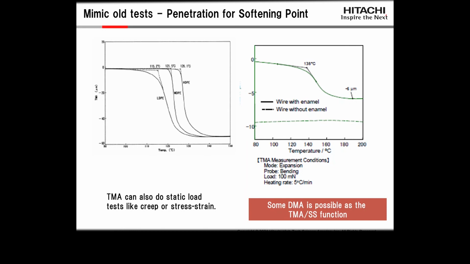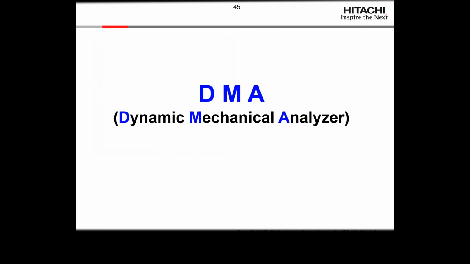You can also, in the TMA, do creep recovery and other static tests. And most TMAs these days have the ability to do a little bit of dynamic testing, usually over a very limited frequency range and not as well as a true DMA. But if you need one test a year, it will do it for you.